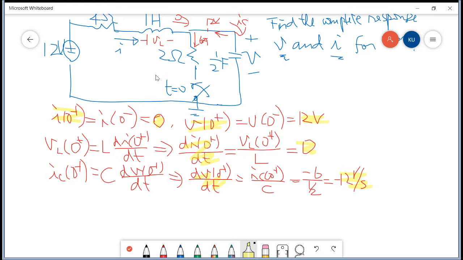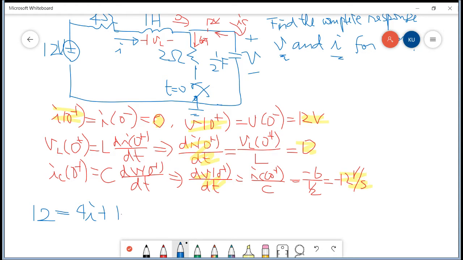So we can write that 12 equals, this is I, so this voltage drop is 4I. And for this one, it will be VL, which is L dI/dt.